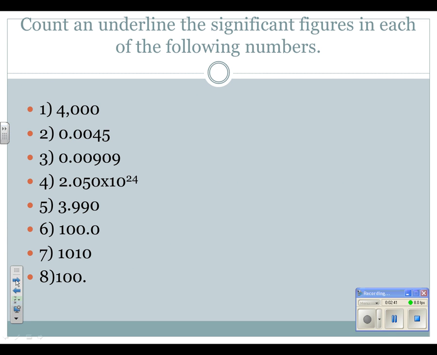So here we're going to count the underlined significant figures in each of the following numbers. If we go back to our rules, let's classify these zeros. These zeros are tail zeros. So they only count if there is a decimal. There is no decimal, so we only have 1 sig fig. We abbreviate significant figures by saying sig figs.